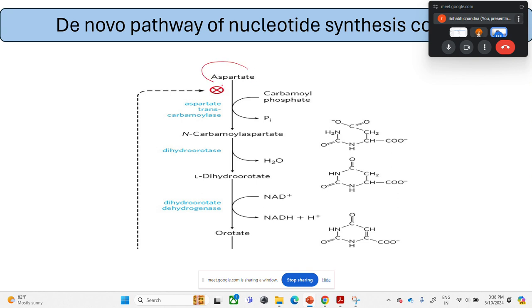The aspartate residue basically reacts with the carbamoyl phosphate and forms this kind of structure. So this is the first nitrogen that is provided by the aspartate residue. Or shall I explain the whole pathway? No, sir, got it. Okay, so this is the pyrimidine synthesis.